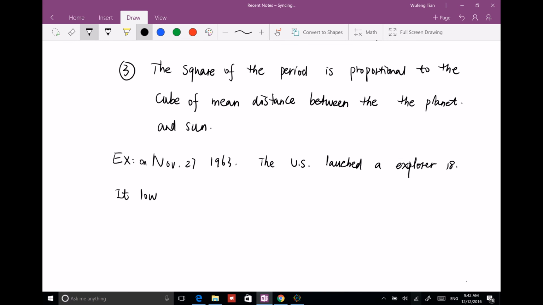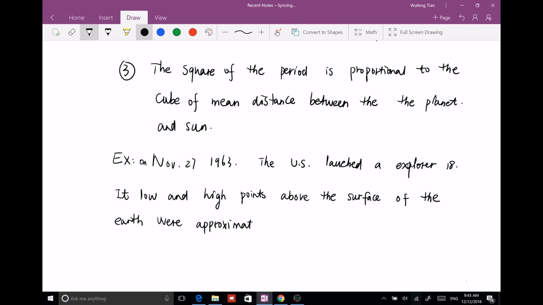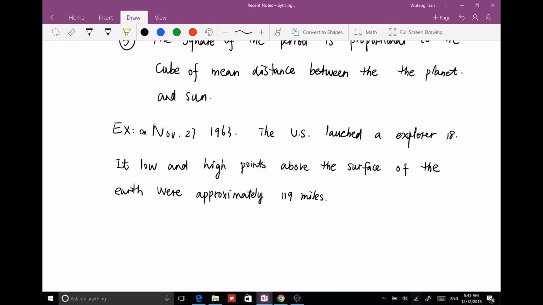Its low and high points above the surface of Earth are approximately 119 miles, which is not really far away, right? 100 miles is not that far.